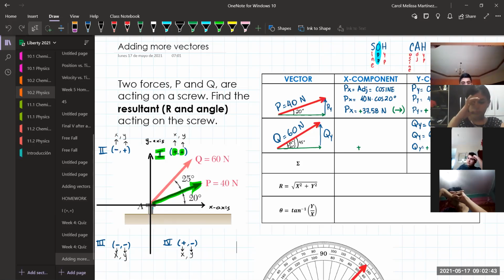Qx therefore is going to be the adjacent side, therefore I'm going to be using cosine. If you see, I analyze only the side that is opposite, because in my opinion it's easier to see the opposite side. Now Qx is going to be equal to 60 Newton times cosine of 20.